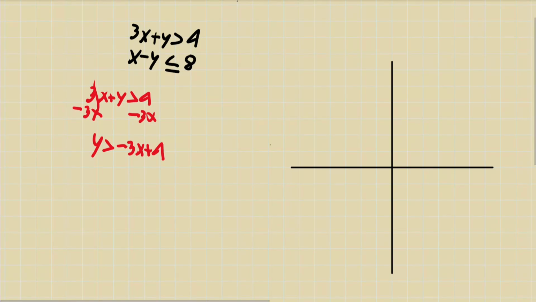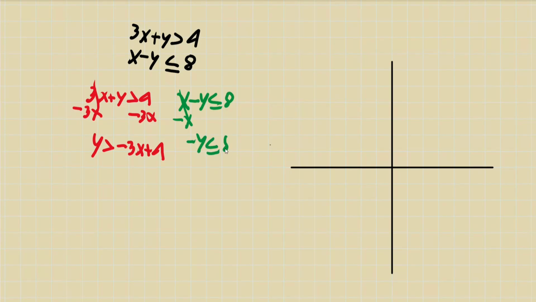And then let me just do the other one right here. x minus y is less than or equal to 8. Subtract x from both sides, it cancels out, and then we have negative y is less than or equal to negative x plus 8. And now we have to solve for y, not negative y, so we can just multiply both sides by negative 1.